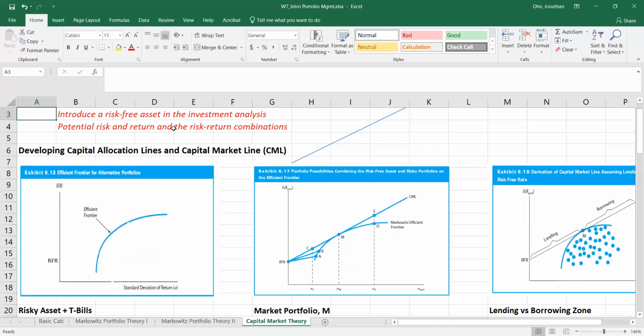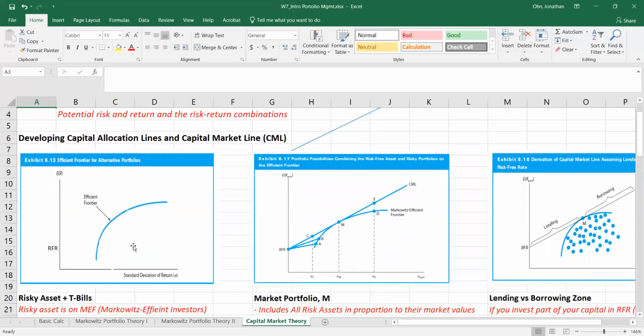Potential risk and return, the risk-return combinations. So that was the Markowitz efficient frontier. As you see, any point on this curve is risky. It has some degree of risk, right? So it's a combination of risky assets.